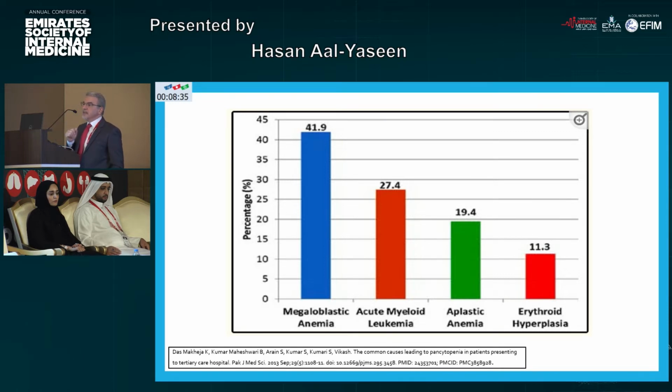So this retrospective study was conducted in Pakistan, and as you can see here, nutritional causes of pancytopenia ranked the first, while AML, aplasia, and erythroid hyperplasia came later. I'm sure that if there is a retrospective study in USA or Europe, probably the sequence of etiological causes will differ.